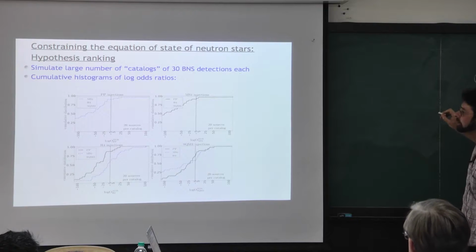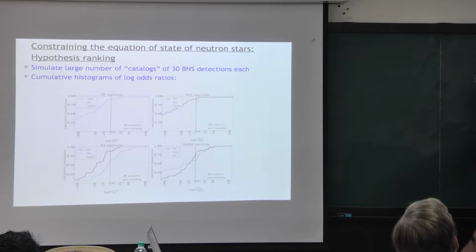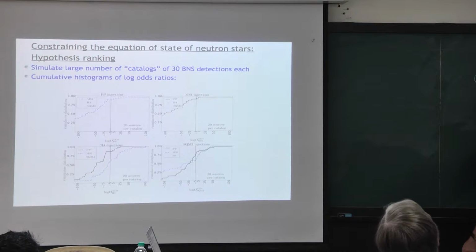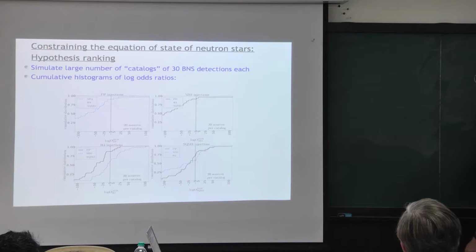We computed the odds ratio for MS1 versus the point particle, the odds ratio for H4, which is the intermediate equation of state, against the point particle, and the odds ratio for SQM3, which is the soft equation of state, against the point particle.